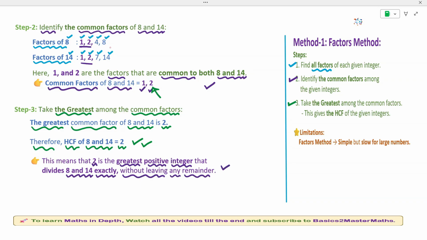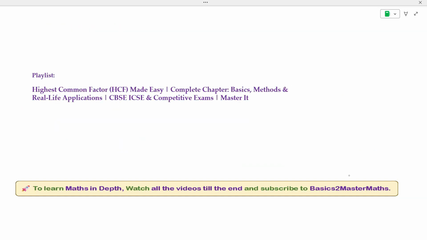Finally, let us see the limitations of factors method. This method is simple but very slow for large numbers. Got it?